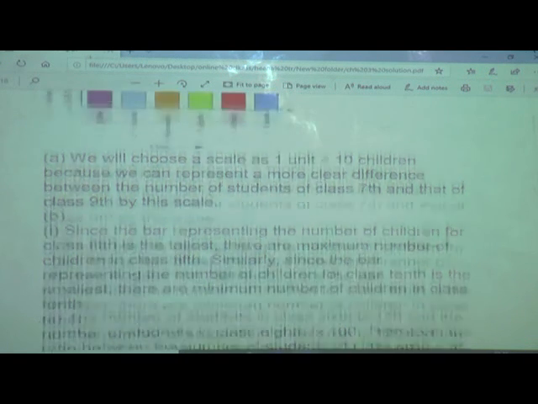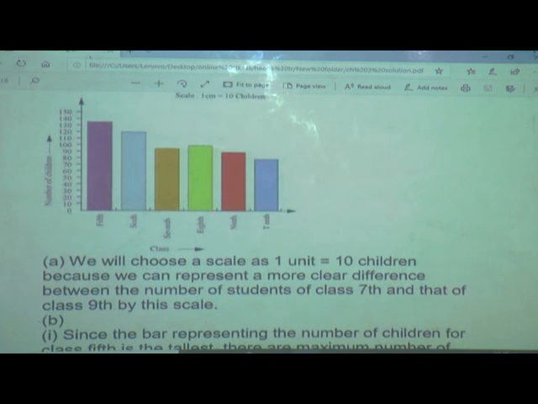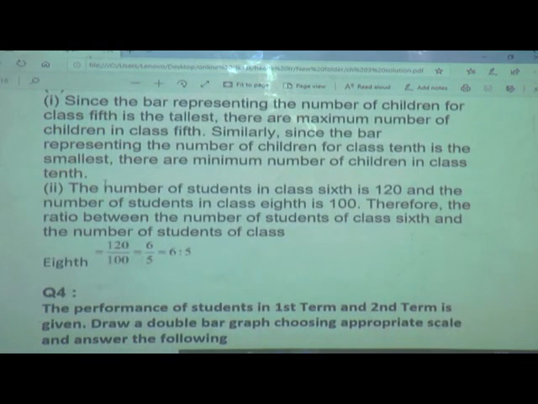What I had read out, you can see here: the bar which is the smallest has the minimum children, and the tallest bar has the maximum students in the class.